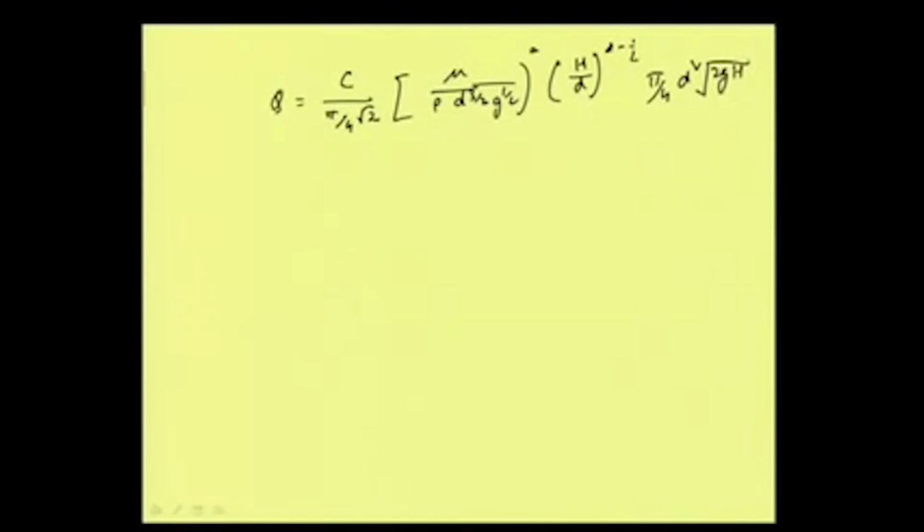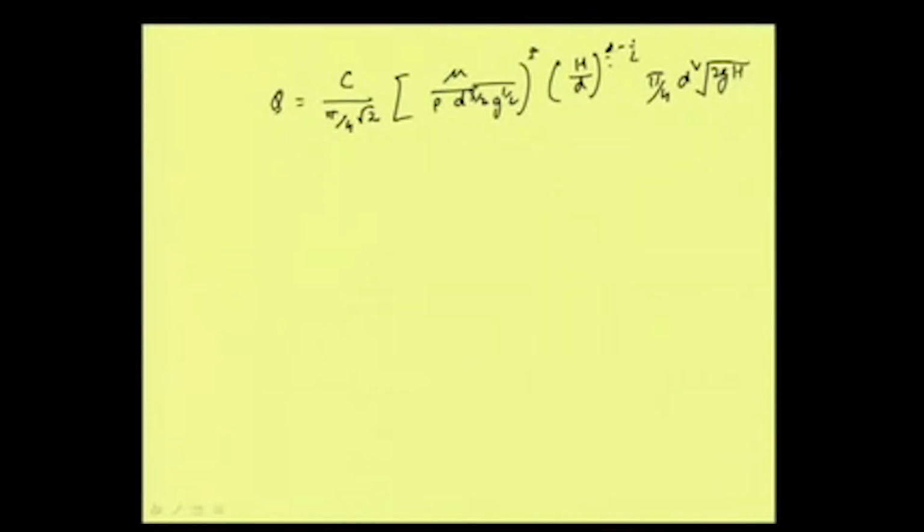Now, from this expression, Q we are getting in this form, and we are not in a position to find the value of A and D at this point, but we have two terms. I have given the brackets here and here separately.